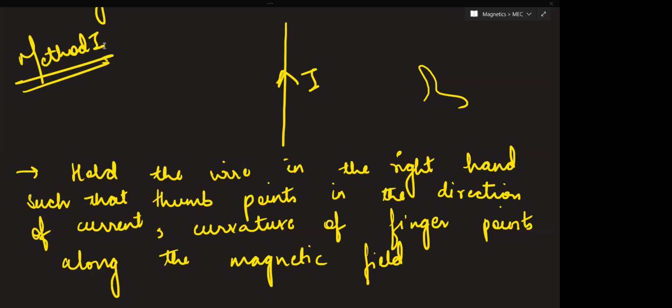One more method we'll discuss before moving on to the numericals. This is one method, another method we have. Right hand only will be used. So right hand thumb rule is there, but one more method we'll see.